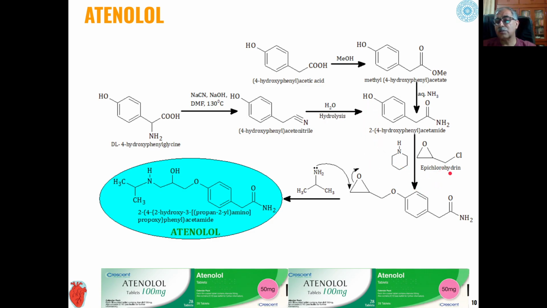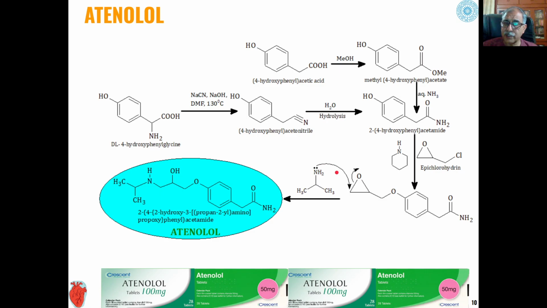So this oxygen will attack this carbon with the elimination of this halogen derivative. So nucleophilic substitution reaction will take place to give us this type of epoxide derivative, and then this epoxide ring will be opened when this is reacted with isopropylamine.